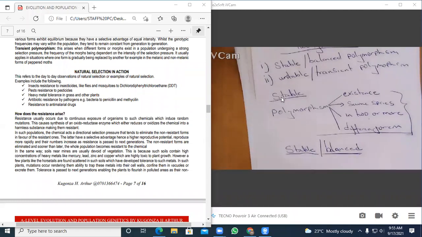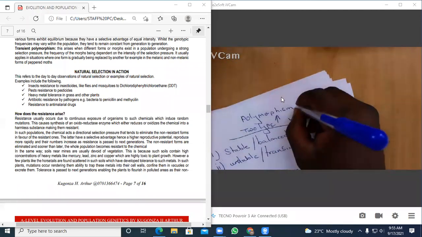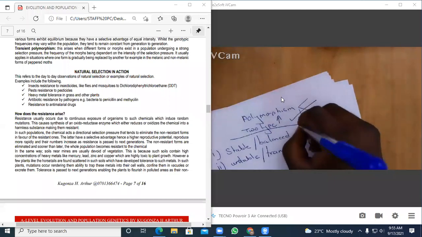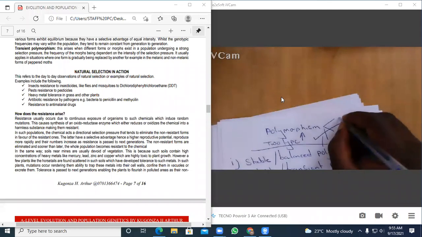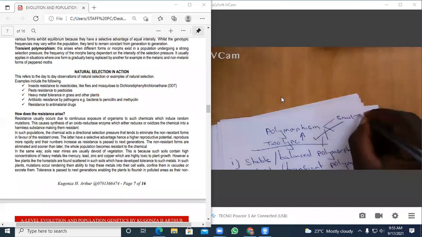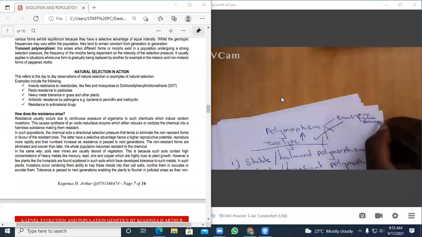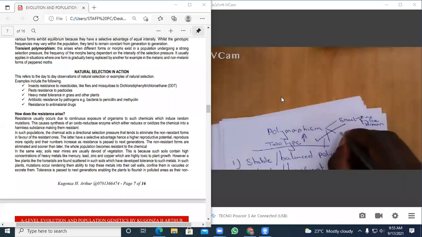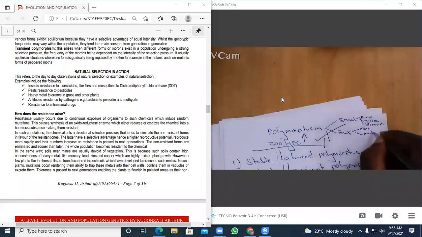We can first list examples of polymorphism we are going to look at. We have snails: those which are pink, yellow, and brown. It means snails exist in different forms. Then we have another example, sex: we have organisms which are males, and those which are females.